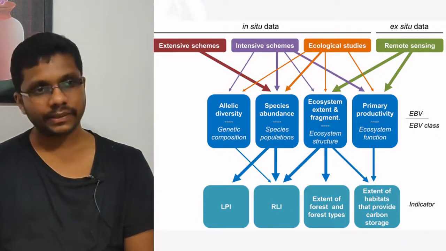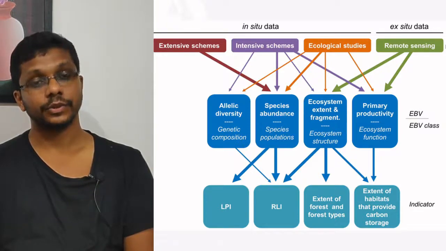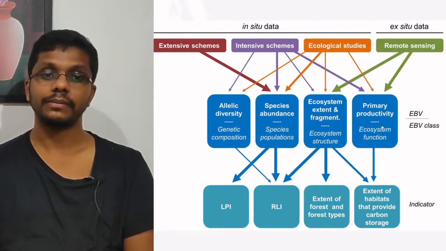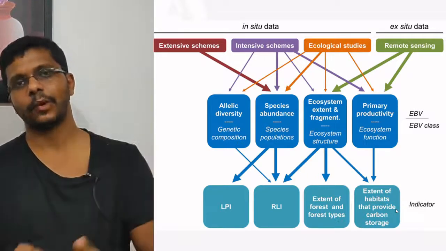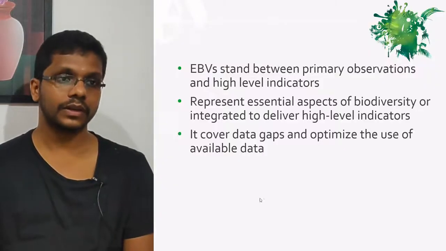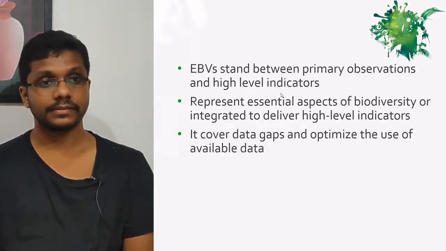So whatever type of primary study you are conducting, we can integrate it into EBVs, and based on EBVs we can calculate the indicators. Indicators are maybe numbers or maybe plots which represent the trends in biodiversity. So EBV stands between primary observation and high level indicators, like this.